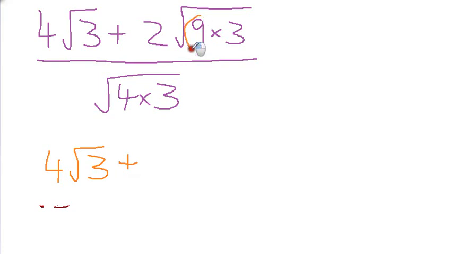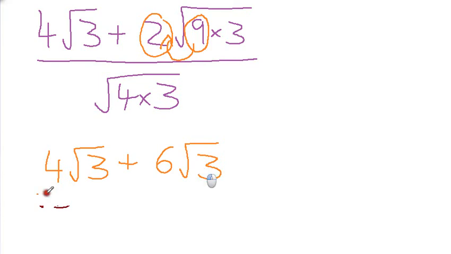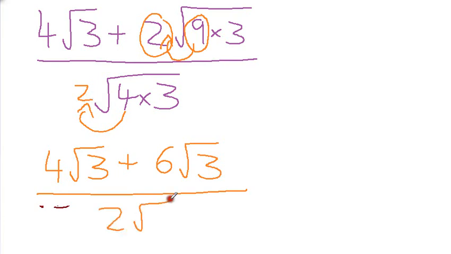We've got this 9 here. That 9 becomes a 3 when you bring it out here, because the root of 9 is 3. So times that 3 by this 2 here, and we're going to get 6 root 3, over, then the 4 comes out here to become a 2, so we get 2 root 3.